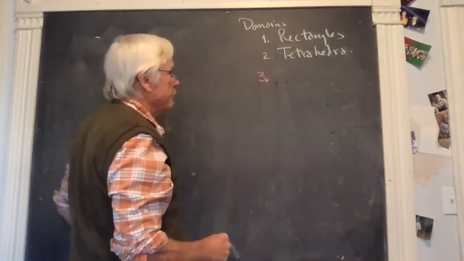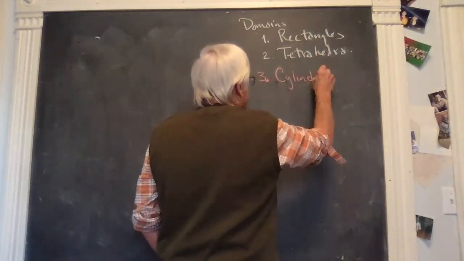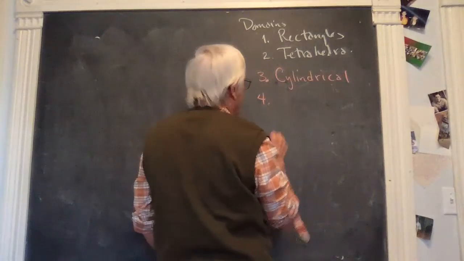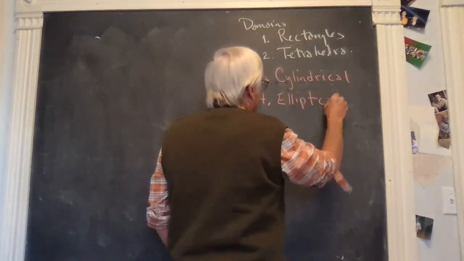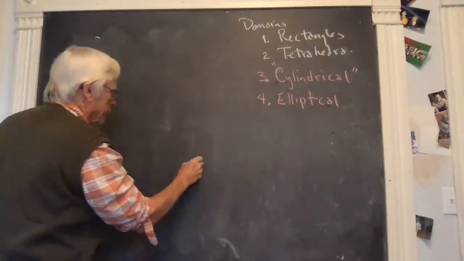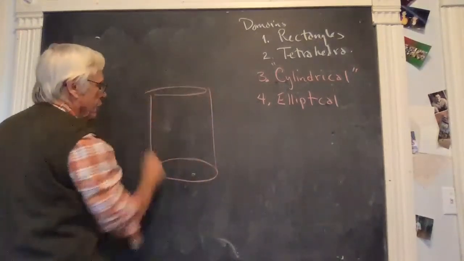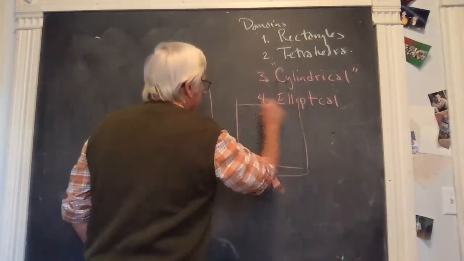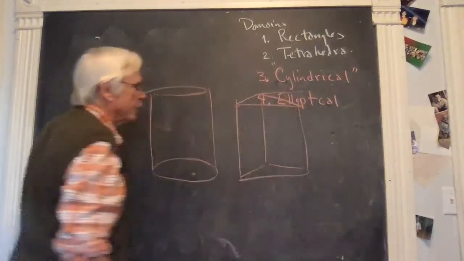So the next shape is anything that's cylindrical. And the last shape is anything that is elliptical. And by cylindrical, I just don't mean a round cylinder. I mean, we can have an elliptical base and a height, or we could maybe have a triangular base and then vertical over that. These are all cylindrical in this sense.